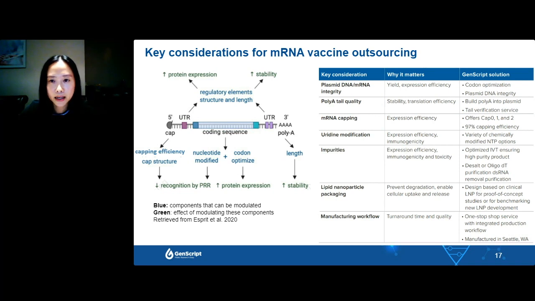We are offering cap 0, cap 1, and cap 2, and provide 97% capping efficiency. And the fourth consideration is the uridine modification. We are providing different kinds of options for NTP. And the next one is the purity.